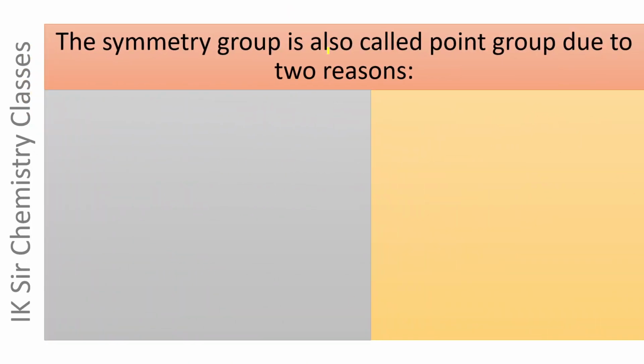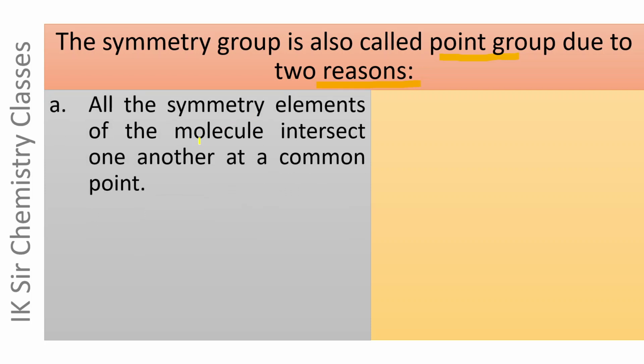The symmetry group is also called point group due to the following two reasons. All the symmetry elements of the molecule intersect one another at a common point.